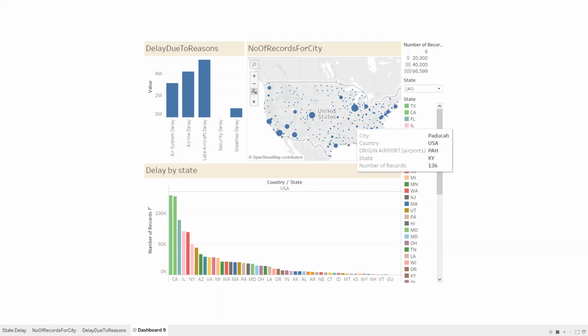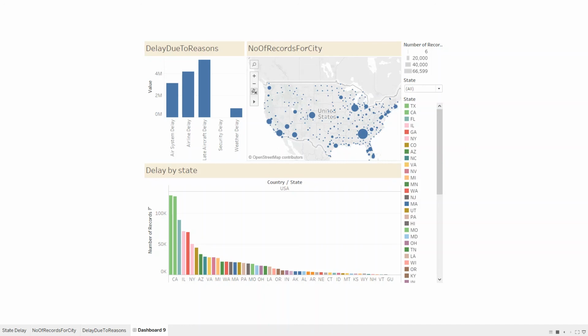If we put our cursor on this big dot, we can expect a high number of records. As we can see, this biggest dot is Atlanta, and the number of records is around 66,000. So this is great for finding out what city may have a high or low number of delays and cancellations.